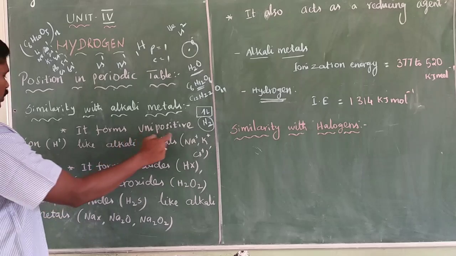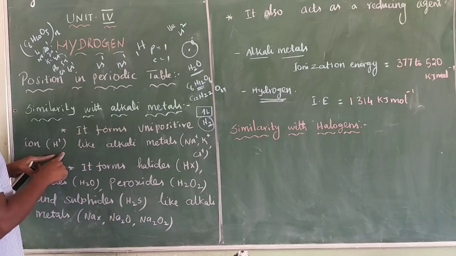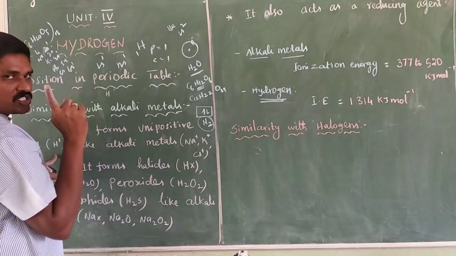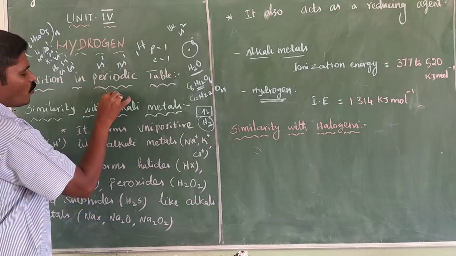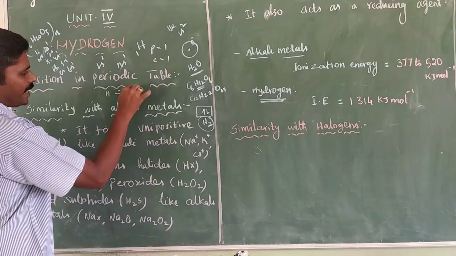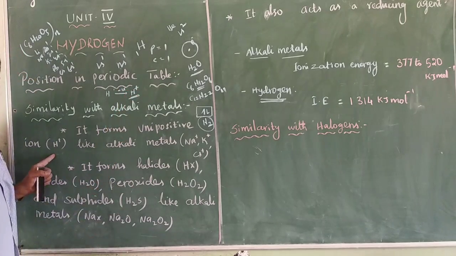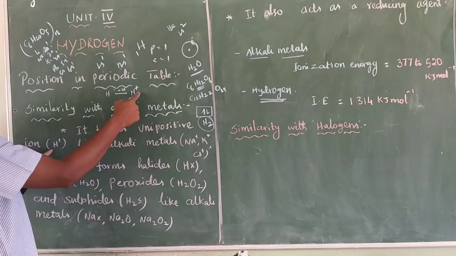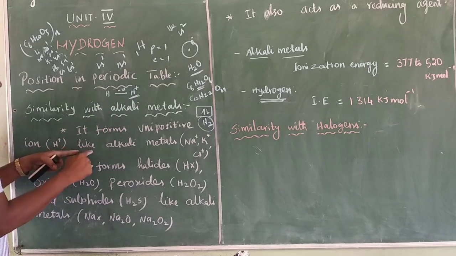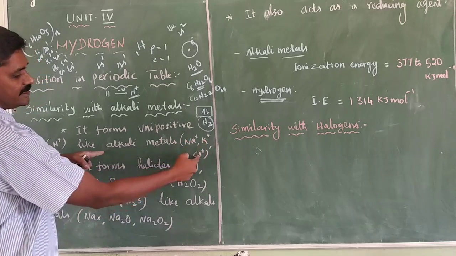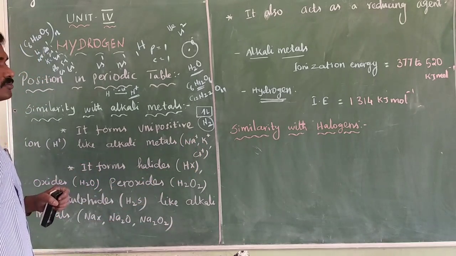It forms unipositive ions. Hydrogen has one electron, so by loss of one electron it attains H plus, a proton. So it forms unipositive ions, H plus, like alkali metals: Na plus, K plus, cesium plus.